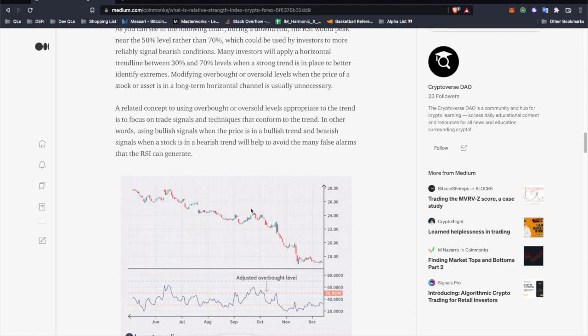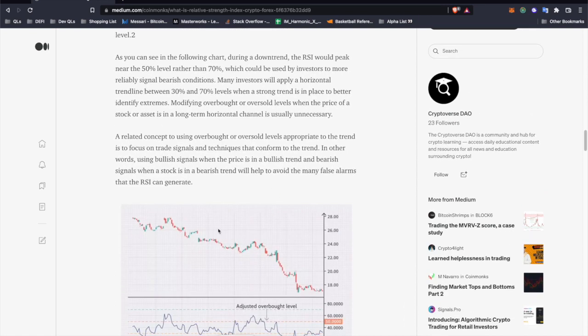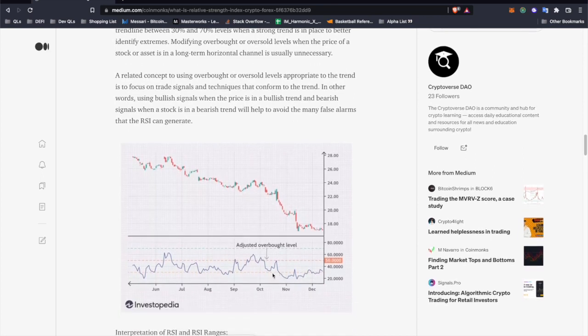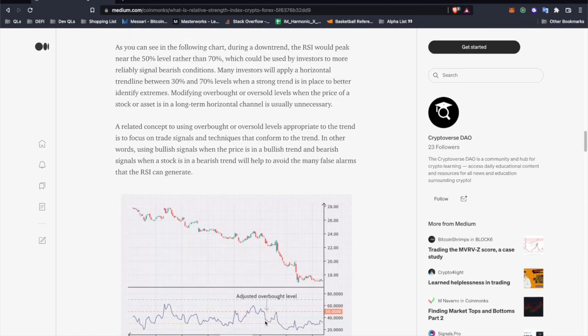As you can see on the chart below, during a downtrend, the RSI would peak near the 50% level rather than actually breaking up to the 70, as you can see here. So it's kind of like a median level for an adjusted overbought level that you're looking at here.